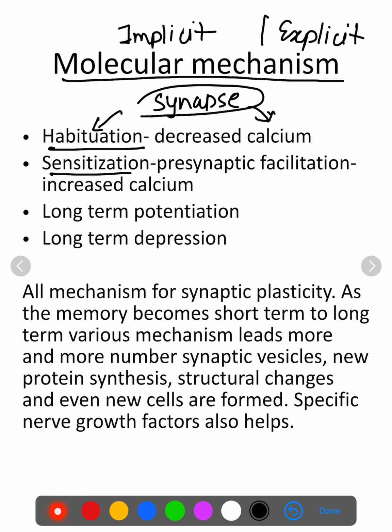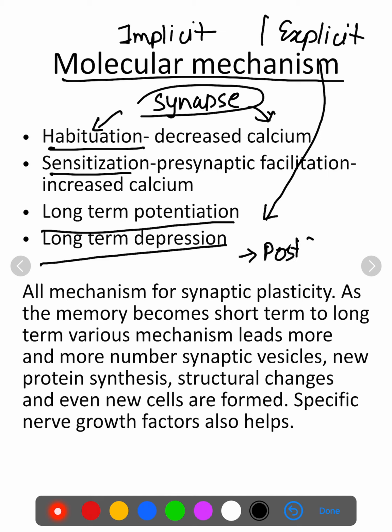The only thing is that the parts of the brain will differ. Whatever the mechanism, it will occur in certain parts for implicit and in various other parts for explicit. Now in explicit memory, besides long-term potentiation and long-term depression, you might have heard of post-tetanic potentiation. Where have we studied all this?